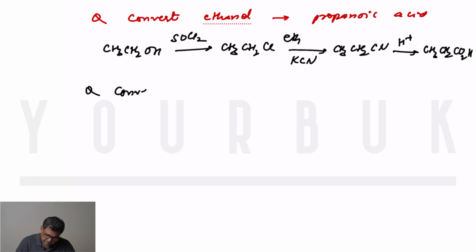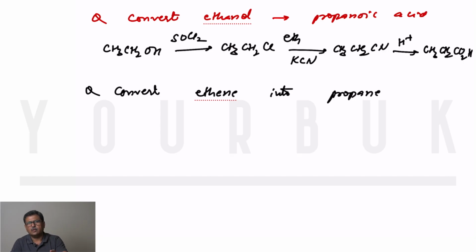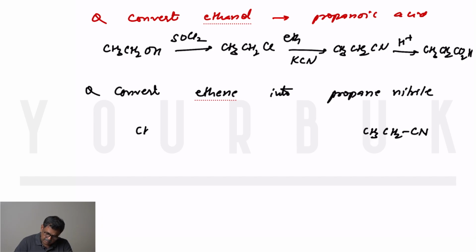Now one more question. Convert ethene into propane nitrile. First of all, you should know how many carbons propane nitrile has. Propane nitrile is CH3CH2CN. Including the carbon of the CN, there are 3 carbons. And this is my starting compound ethene.